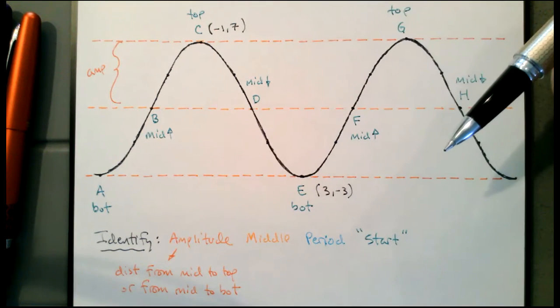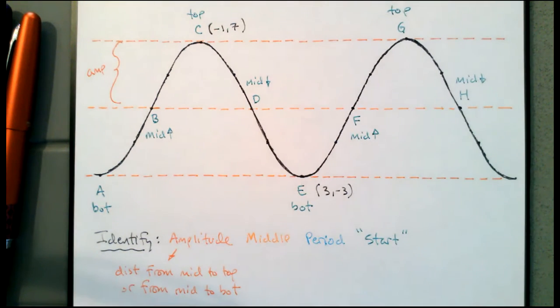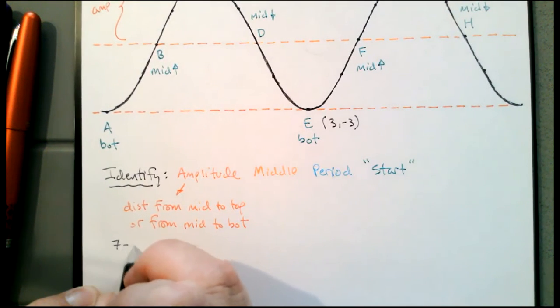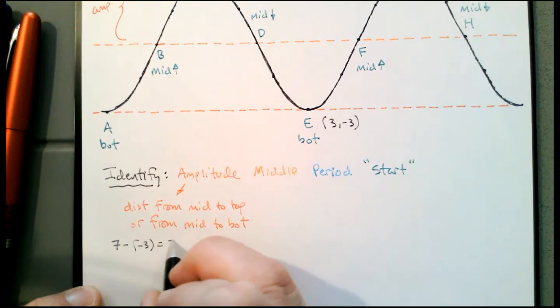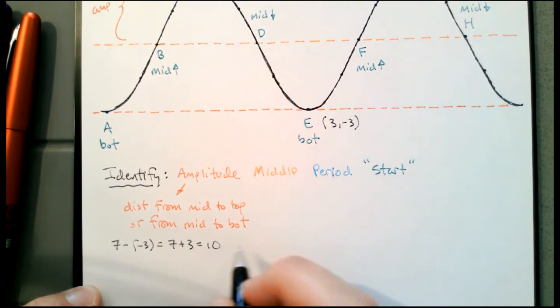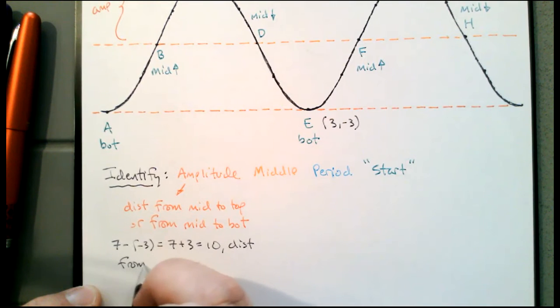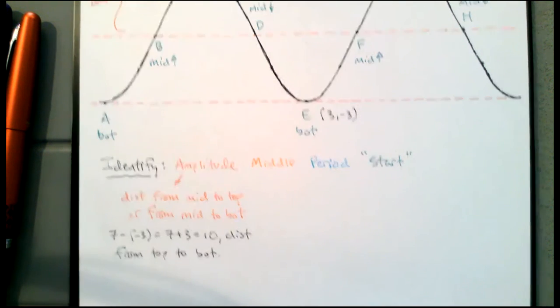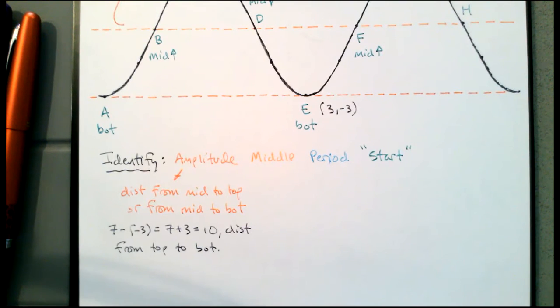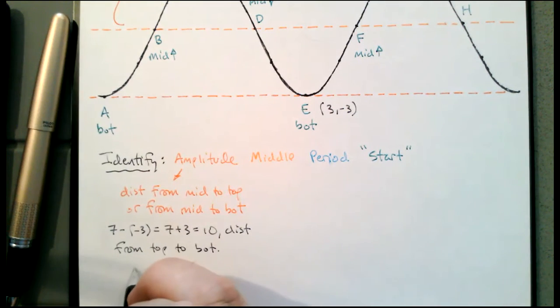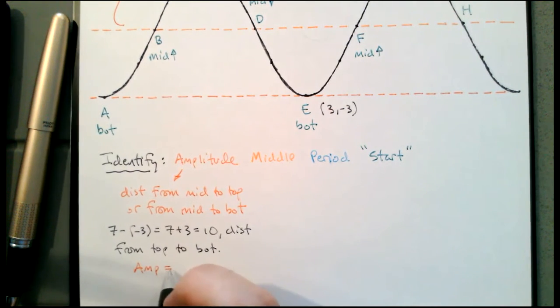So the amplitude is 5. Ten is the distance from the top to the bottom, so half the distance will be 5. So the amplitude is equal to 5.